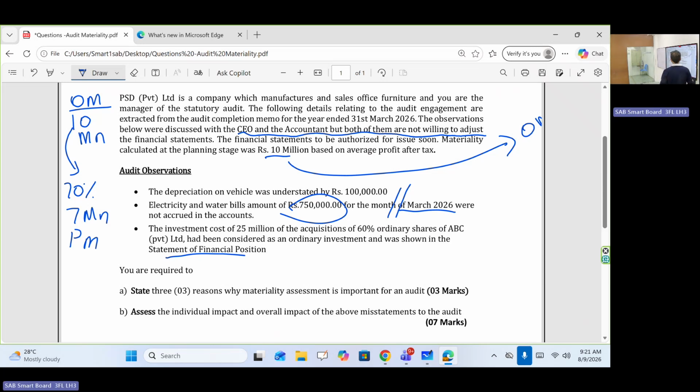Investment cost 25 million, 60% acquisition, but it was shown as just ordinary shares in the financial statements. Clear?